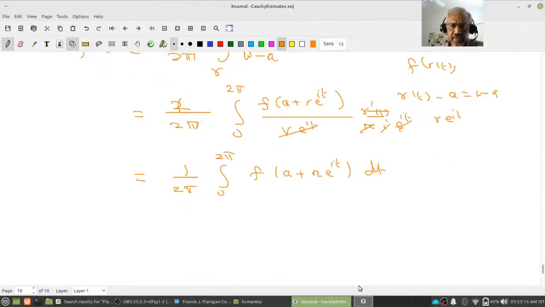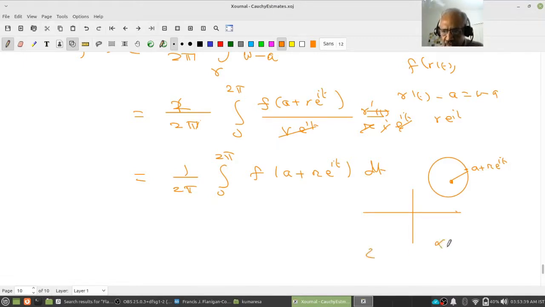Now notice that I have f. This is perhaps my a, and this is a plus r e^(it) for some t. Now I am taking the sum over that. See, what is average?